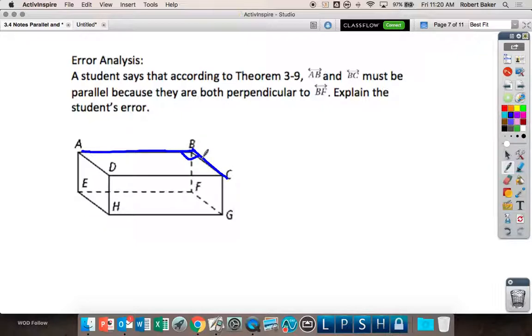Yes. Is BF perpendicular to BC? Yes. So why are those two lines not parallel? Because they're on different planes. That's why they have to be on the same plane. So they are perpendicular standing alone, but they're not parallel when you lump them all together.